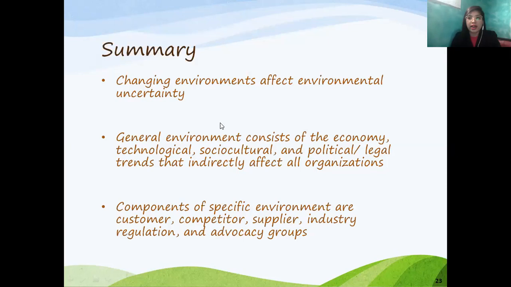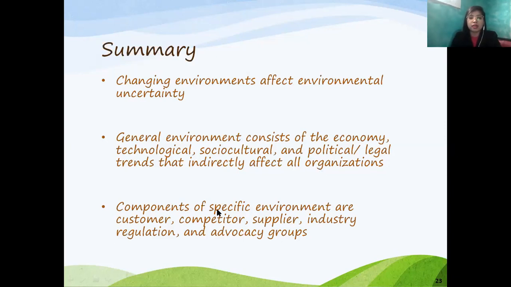Okay. To summarize the discussion, we discussed the changing environments that affect environmental uncertainty, and also the general environment that consists of the economic, technological, social, cultural, and political or legal trends that indirectly affect all organizations.